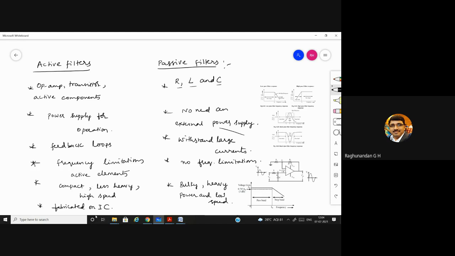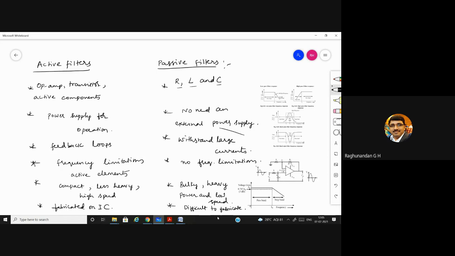But as you know, we have studied this in electronic devices, fabricating resistors and inductors is not so easy, and fabricating the inductor is not possible. So that's why we say it is difficult to fabricate.